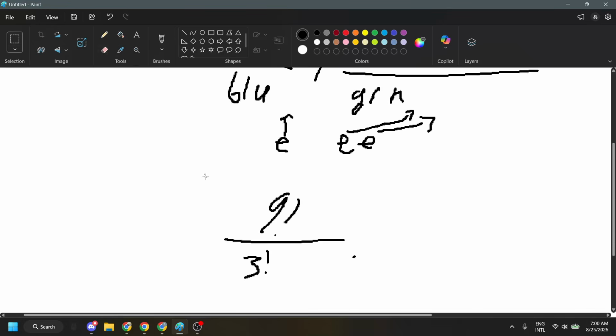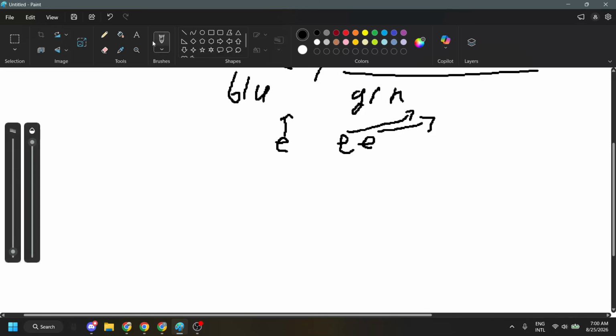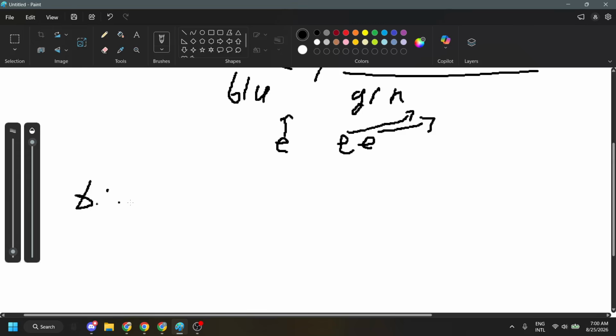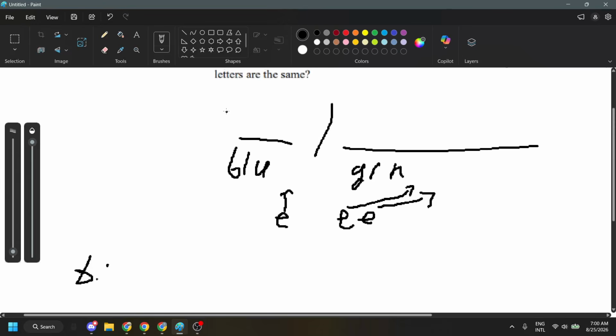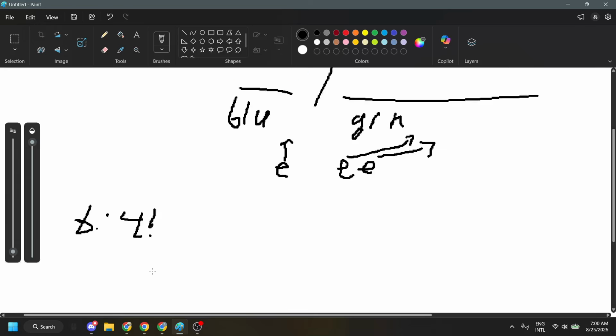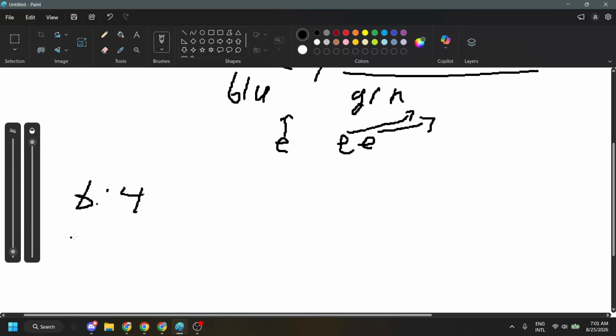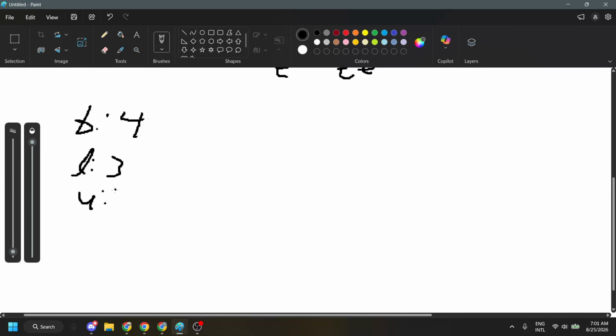Okay, well, if we're just looking at B, there are 4 places we can put B. For L, there are 3 places. For U, there are 2.